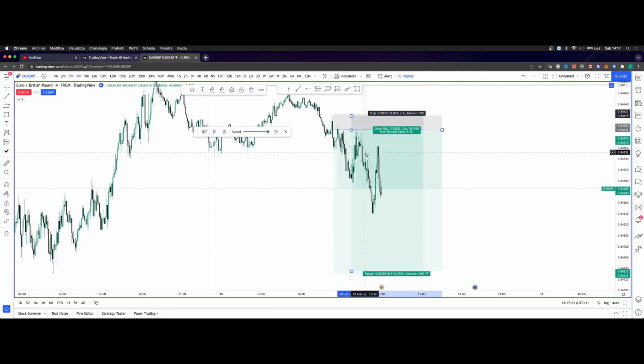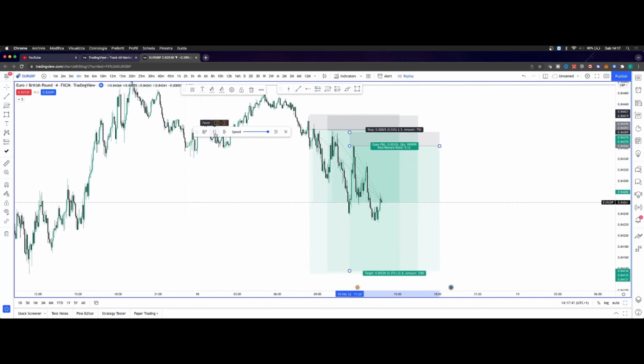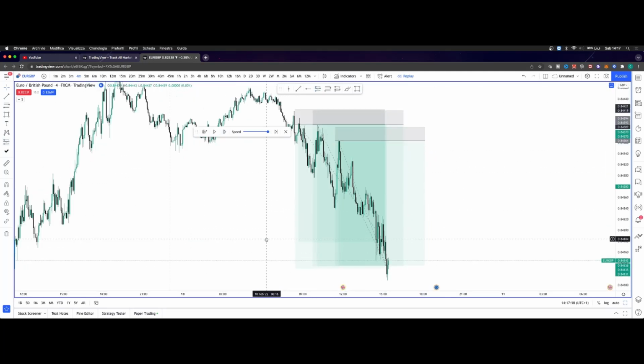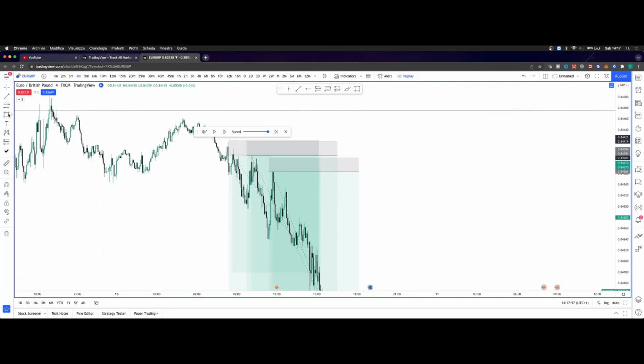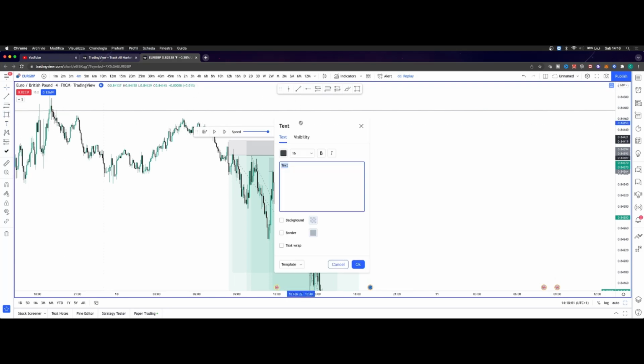This is an imbalance, and again. So 10, 10, 9. So basically, let's say 27 hours, more or less.